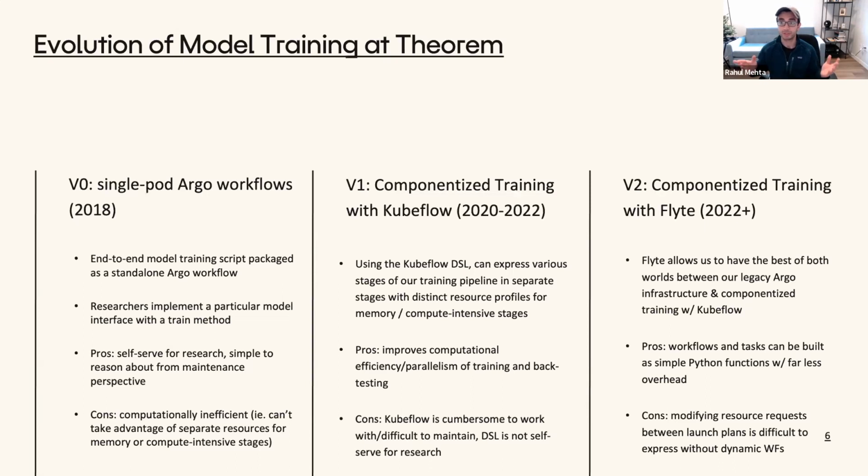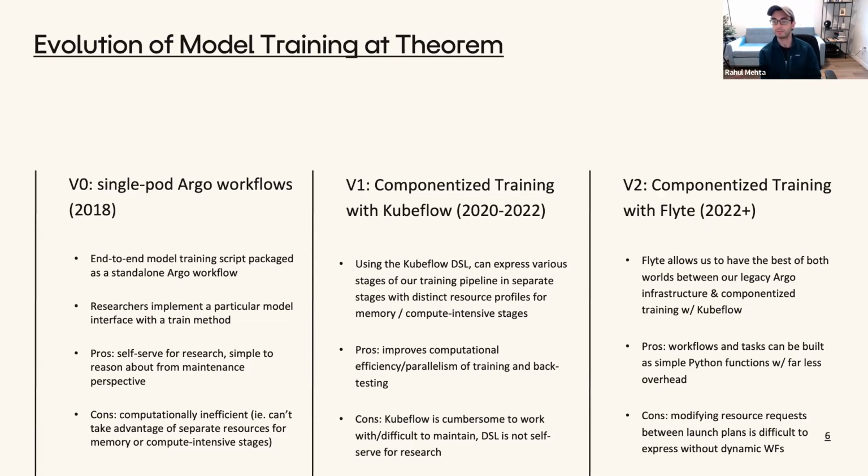When we encountered scaling issues with that, the first candidate here was packaging that model training script in a single stage of an Argo workflow. And this had some very appealing characteristics from the side of it being self-serve for our research team. So I think, like others have alluded to, the two things that you always hold in tension with ML orchestration are the scalability and stability and security and all the other concerns that are primarily held by the ML infrastructure and the rest of the engineering team.